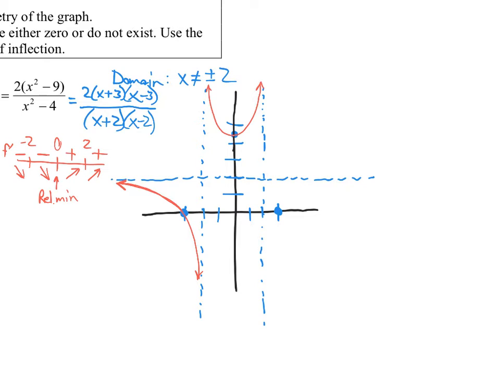How do you know the min is there? I know the min's there because I did my sign diagram. You plug in the 0 back here. That was my y-intercept. We found that point when we found the y-intercept, (0, 4.5).